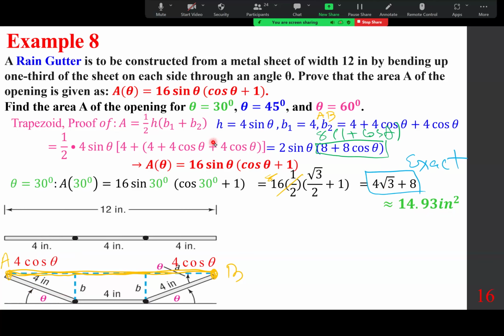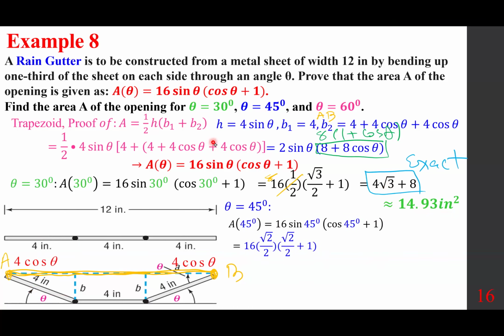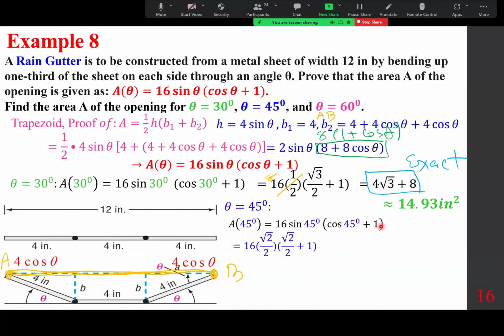Now we're going to plug in 45 and 60 pretty fast. We need to move on. When we plug in 45, we get 16 sine of 45 cosine of 45 plus 1. As you know, sine of 45 and cosine of 45, both of them are square root of 2 over 2. So first and foremost, this becomes 8.